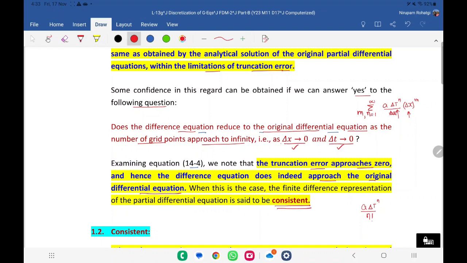What we are saying is that our finite difference representation of the partial differential equation, they are approximately the same, and this is consistent if truncation error approaches 0. So this is called consistency, one term.